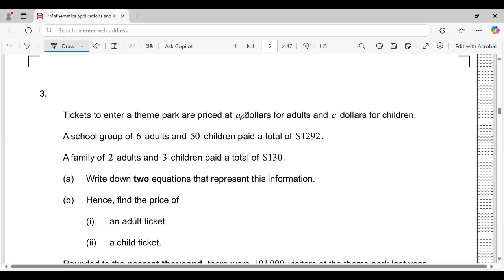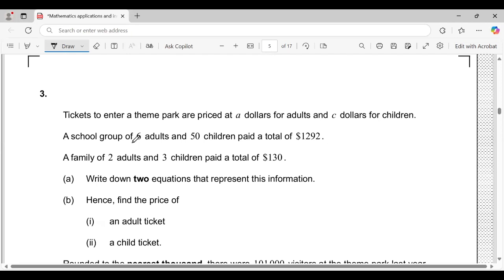Tickets to enter a theme park are priced at $8 for adults and $3 for children. A school group of 6 adults and 50 children paid a total of $1,292. A family of 2 adults and 3 children paid a total of $130. Write down 2 equations that represent this information.